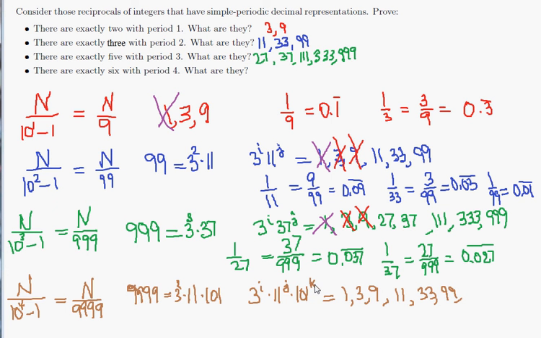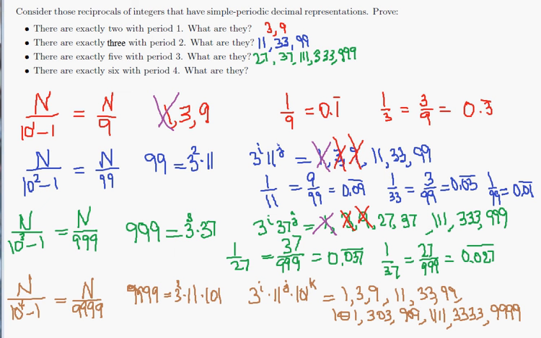If k is equal to 1 and j equals 0, running through the values of i, we would get 101, 303, and 909. And finally, if j and k are both equal to 1, we would get 1,111, 3,333, and 9,999.